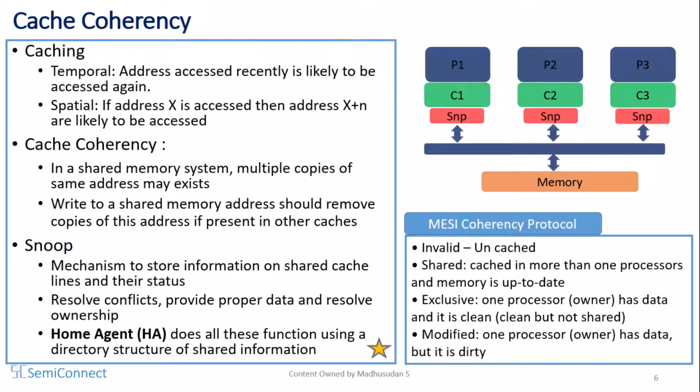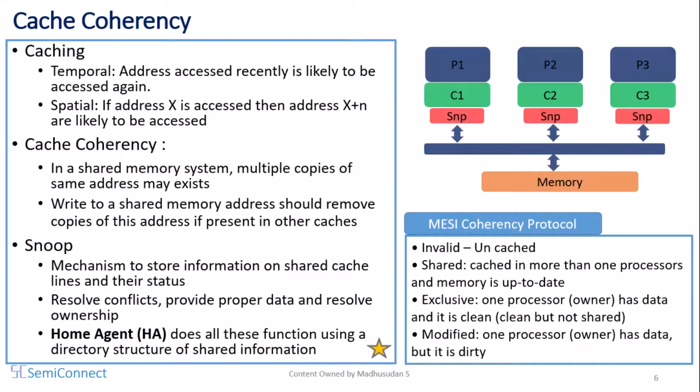And one of the popular cache coherency protocols that is implemented is called the MESI protocol, MESI. It's pronounced as MESI. And apparently CXL also uses this MESI cache coherency protocol, right? So there you have 4 states for the cache lines. Typically a cache line is of 64 bytes.